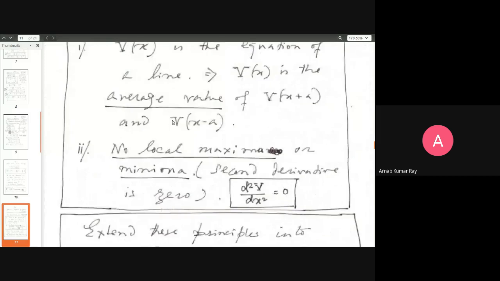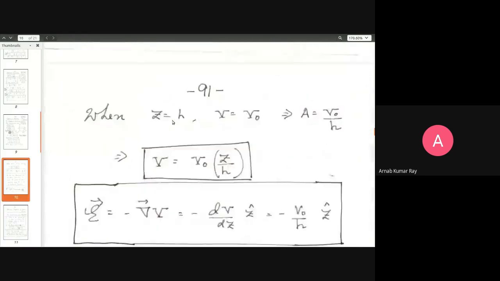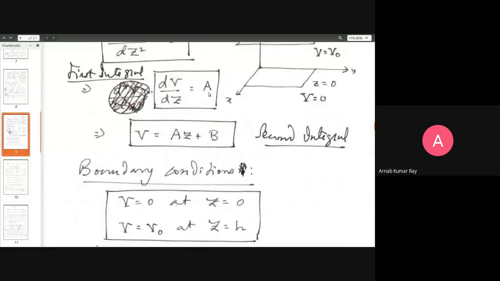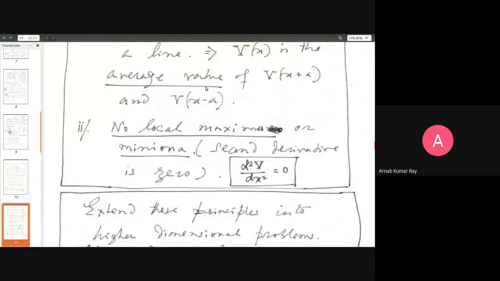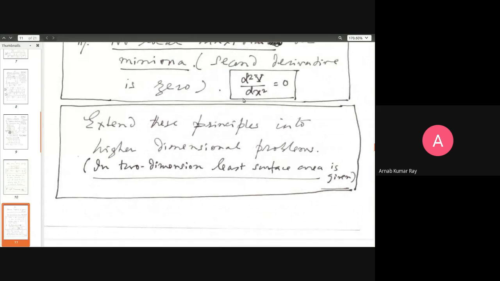So A will in general be a non-zero constant if you want to avoid a trivial solution. And so your first derivative will continue to be non-zero.